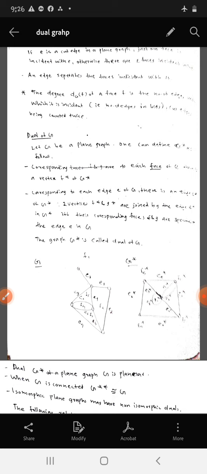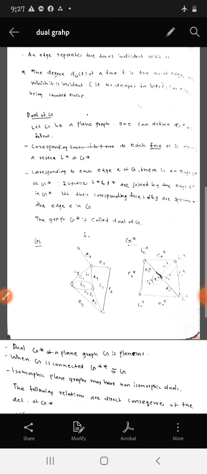Two vertices F star and G star are joined by the edge E star in G star if and only if their corresponding faces F and G are separated by the edge E in G. This graph is called the dual of G, that is, G star. G star is the dual representation of G.